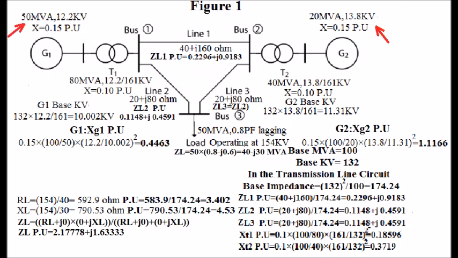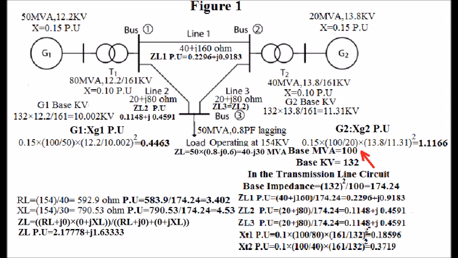Ratings of the generators, transformers and impedance of the transmission lines are shown in the display. The load is 50 MVA, 0.8 power factor lagging, operating at 154 kV as shown in the diagram.